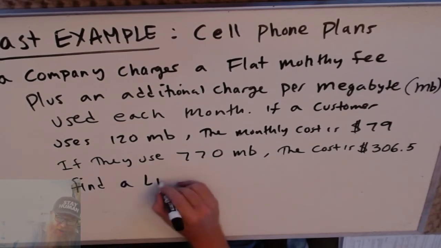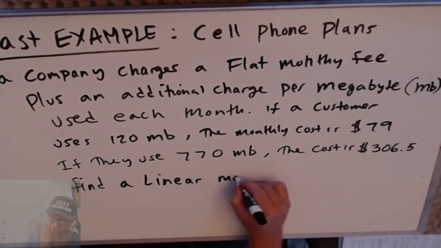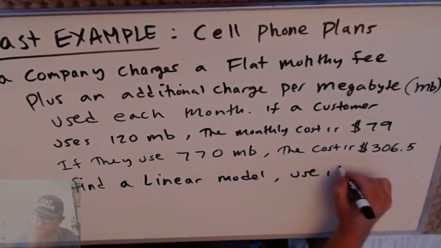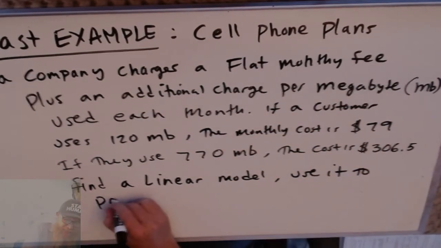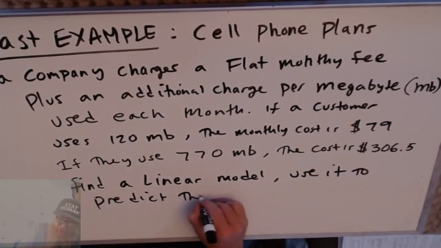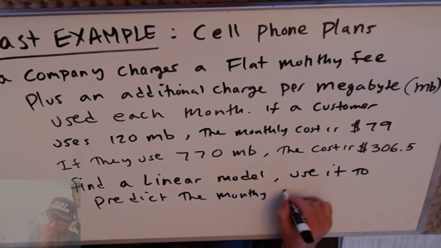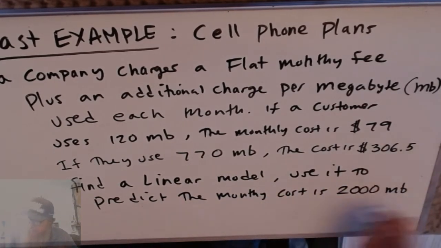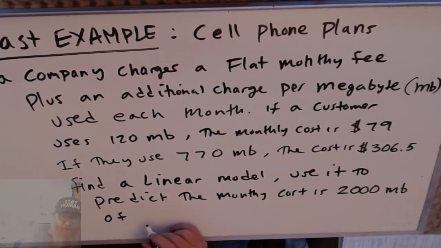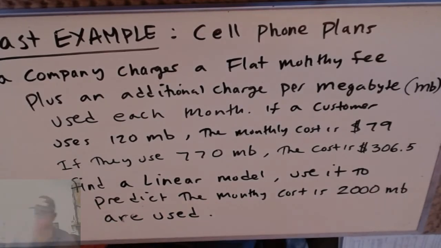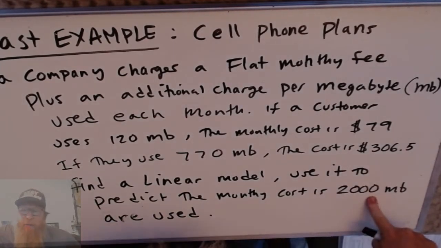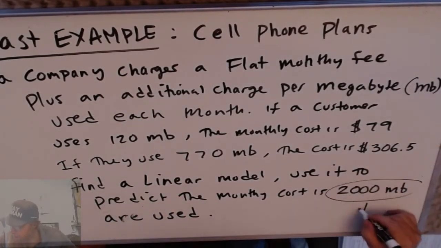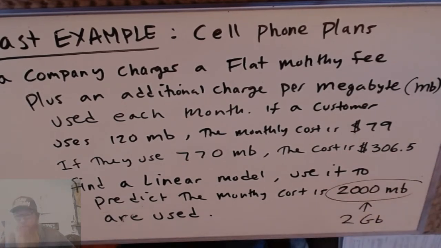Find a linear model and then use it to predict the monthly cost if 2,000 megabytes of data are used. 2,000 megabytes is the same as 2 gigabytes, but I'm going to say 2,000 megabytes.